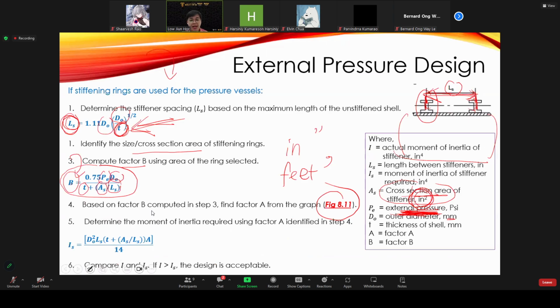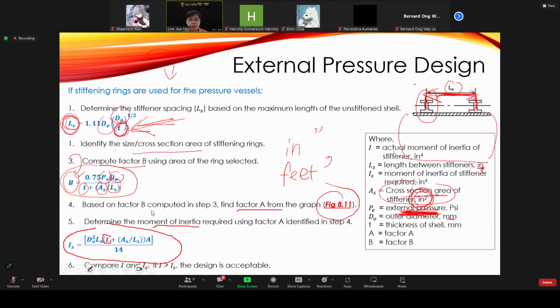Once you have identified the factor A, you proceed to apply the equation here to determine the moment of inertia. Moment of inertia, IS. DO, outer diameter, millimeter. LS, interval of the ring, inch.